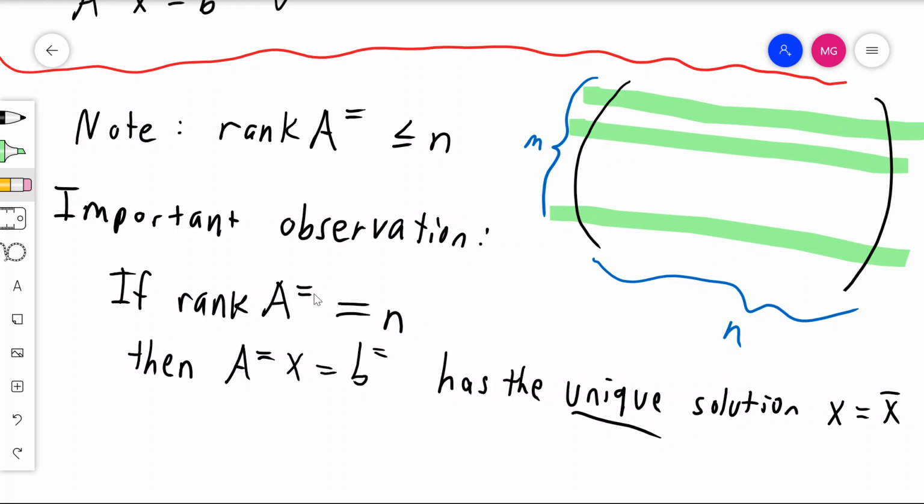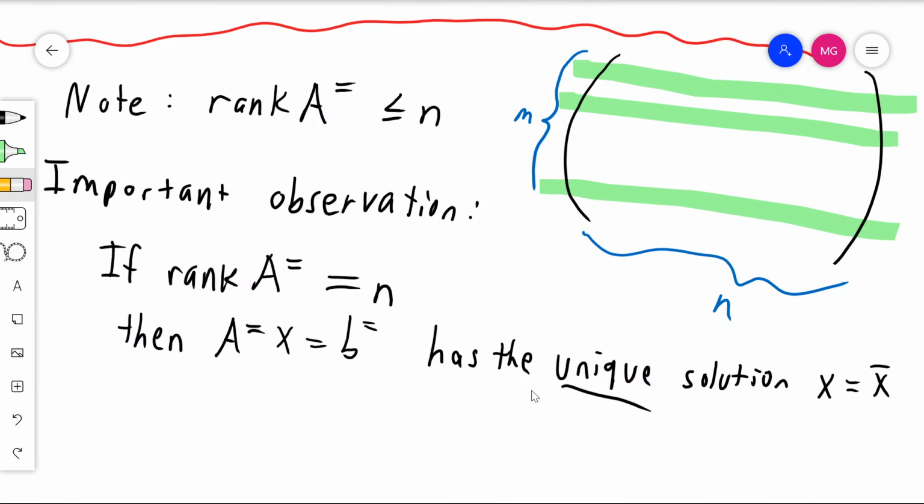But when the rank of that matrix is exactly n, then we can conclude that this system, A equality times x equals B equality, has a solution, and that solution is unique. It has the unique solution x equals x bar, where x bar is that specific point that generated the tight constraints. You pick the point first, and then you get the tight constraints corresponding to that point, and this system is just a subsystem of the overall system.